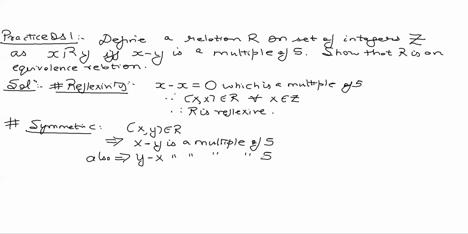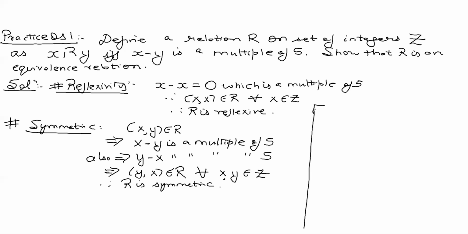If X minus Y is a multiple of 5, then Y minus X is also a multiple of 5, which implies (Y,X) also belongs to R for all X and Y belonging to the set of integers. Therefore, R is symmetric. And now let's check for transitivity here.